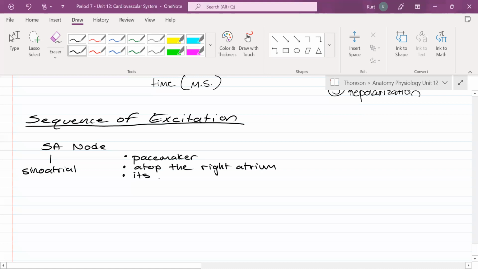And when you guys hear me say atria, recall that it is not just one. Atria is the plural word for atrium. No one says atriums. You say atria. Its electrical output stimulates atrial contraction.